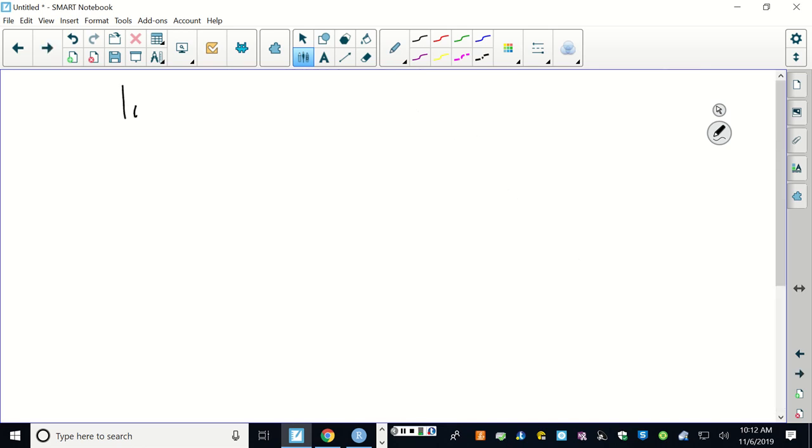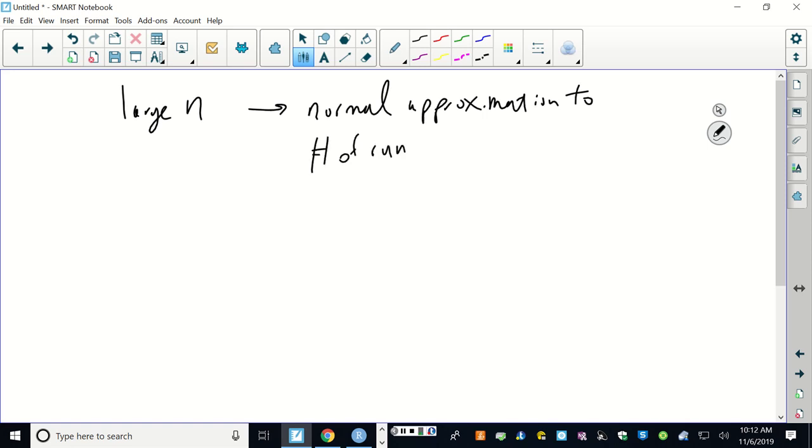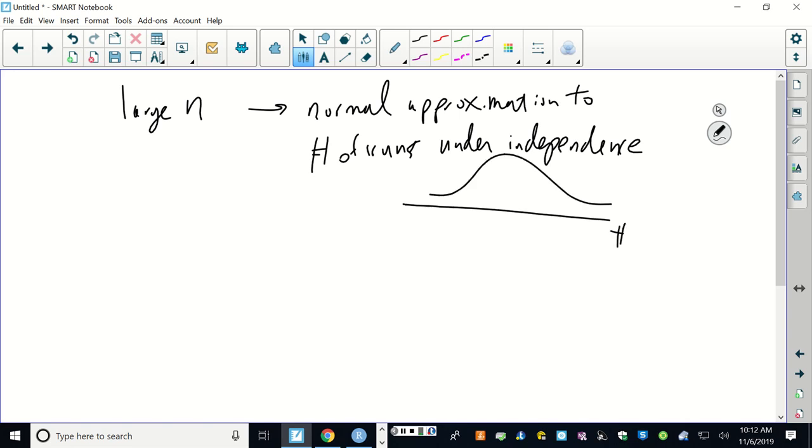And if you have large n, there's a normal approximation to the number of runs under independence. So you could look at the number of runs, and if the actual number of runs for the time order of your real data is down there, it's not consistent with independence.